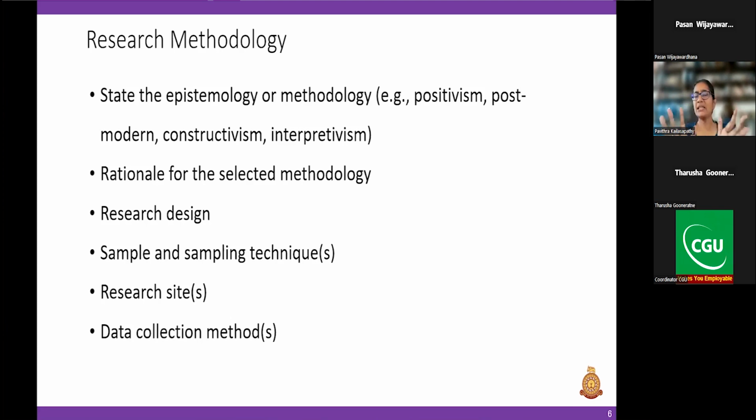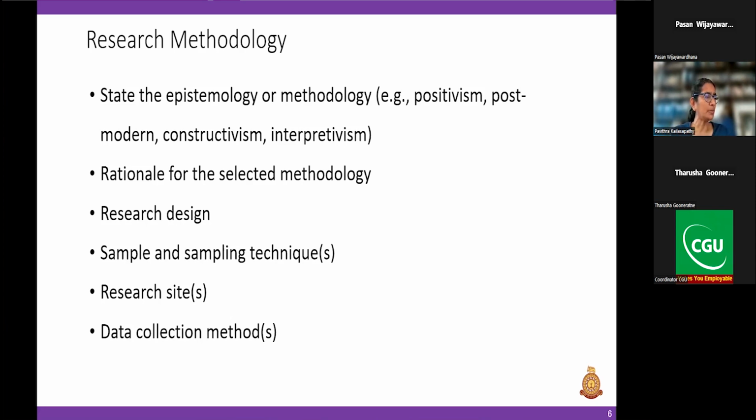So basically state your philosophy, whether it's going to be positivism, post-positivism, interpretivism, all that, with a rationale in terms of who you are as a researcher, what you believe. And very briefly about the design: are you planning to do a cross-cultural study in 2 countries or only in Sri Lanka?